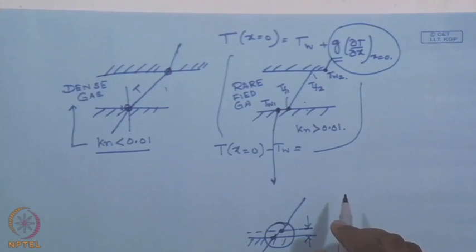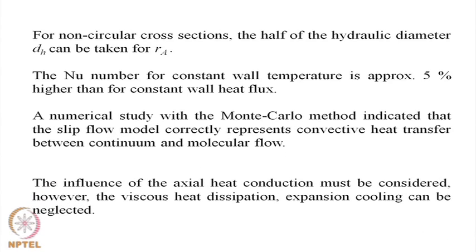So, the other factors which we need to know is that the Nusselt number for constant wall temperature is going to be different from that of the constant wall heat flux, and a numerical study indicates that the slip flow model correctly represents convective heat transfer between the continuum and the molecular flow.